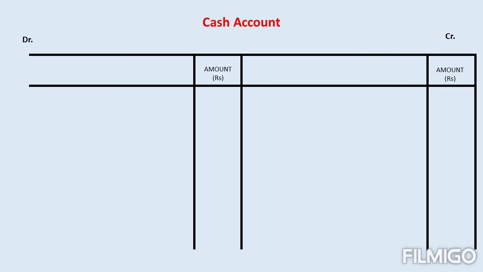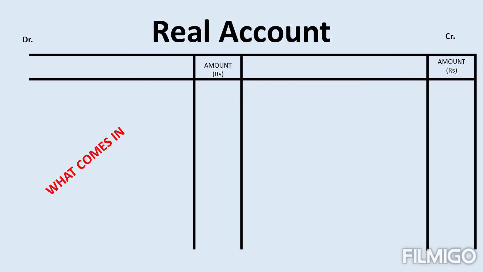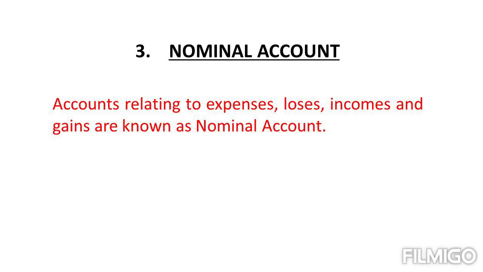In the cash account, rupees 40,000 will be credited as cash goes out. Basically, the debit side of a real account shows what has come in and the credit side shows what has gone out. The third type of account is the nominal account.